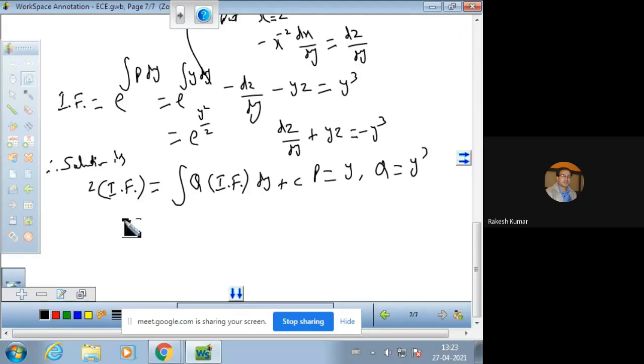So substitute the values: z e raised to power y square over 2, the value of Q is minus y cube e raised to power y square over 2 dy plus c.